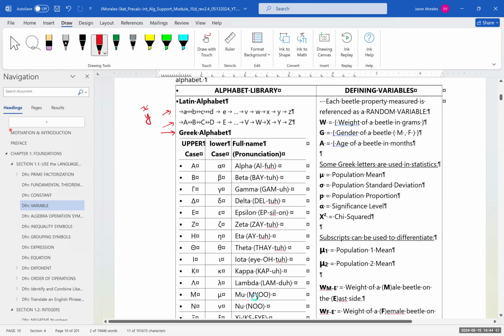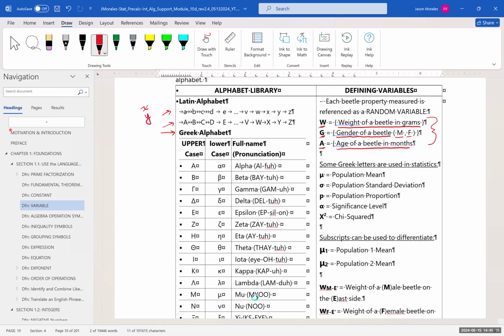As far as defining variables, here these first three are using the Latin alphabet and using capital letters, in this case, to denote random variables. So we're letting capital W signify the weight of a beetle in grams, the uppercase G to be the gender of a beetle, either male or female, and capital A to be the age of a beetle in months.